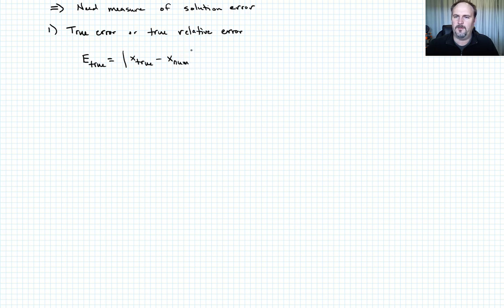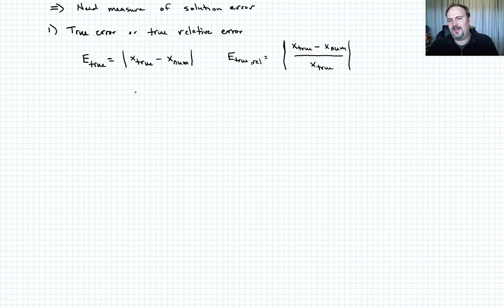I'll put num for numerical. And if you wanted the relative error, then you take the magnitude of x true minus x numerical, divided by x true.